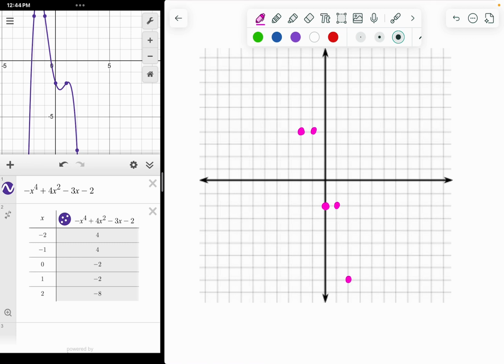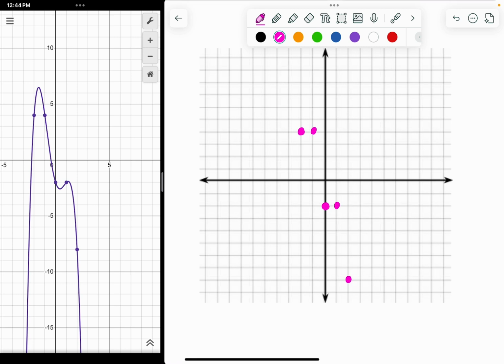Now drawing this one is a little bit more tricky because if we look at this graph, I've got a little whoop up here. And then we go down to here, and then we've got a little divot, but then it bumps right back to here. So our graph looks something like this.